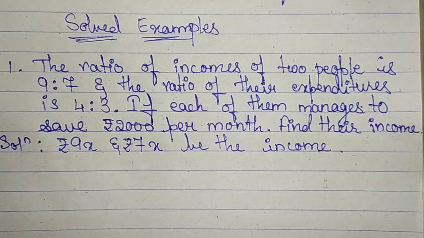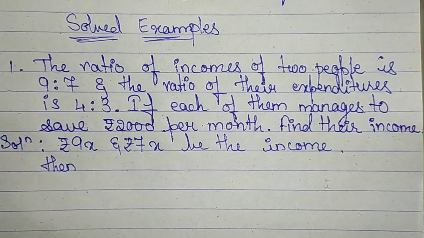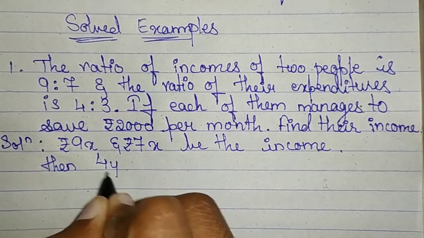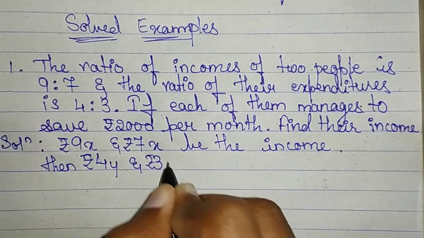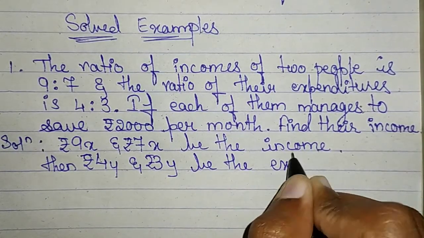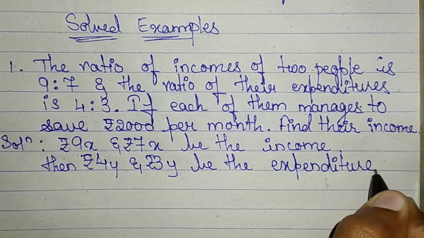Similarly, let the expenditures be 4y rupees and 3y rupees, because how much they are going to spend will be the expenditure.